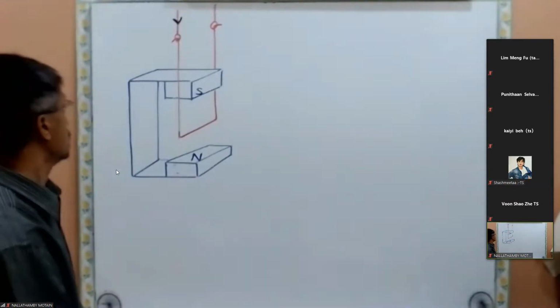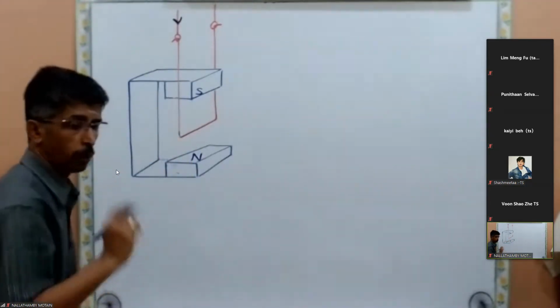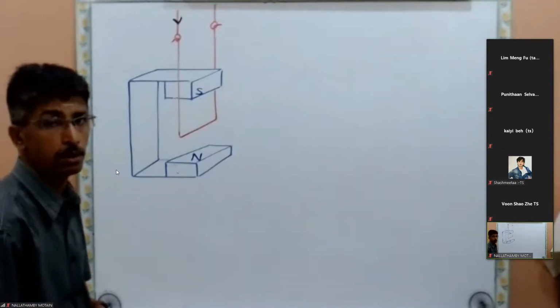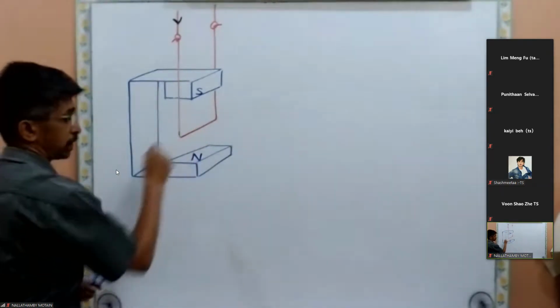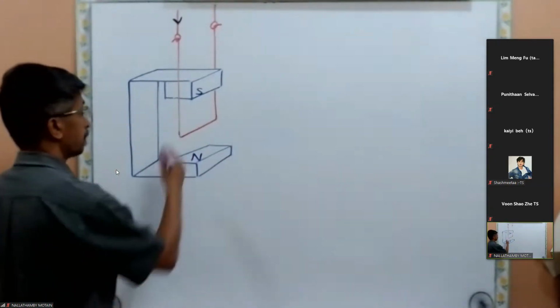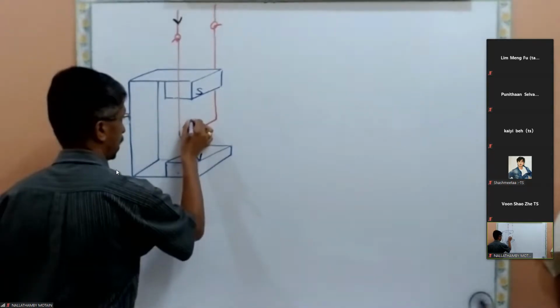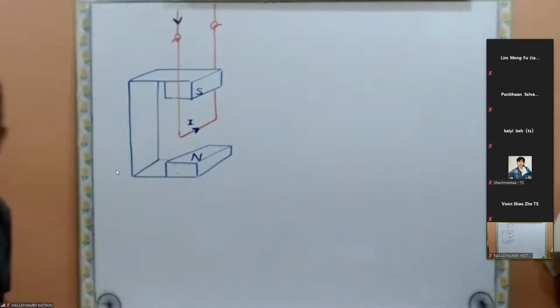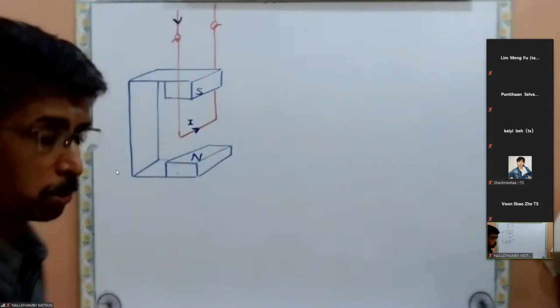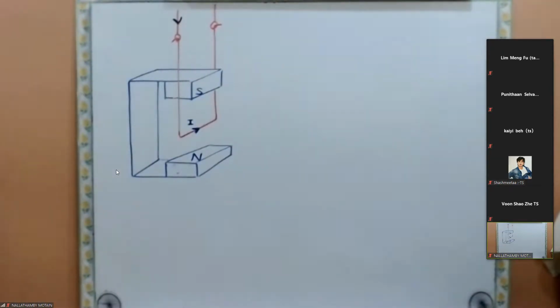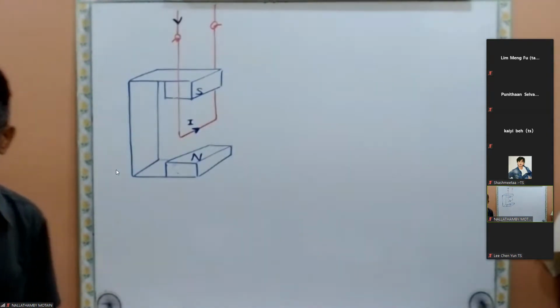First of all, we need to check the direction of the current flow in this conductor. Current is flowing from here inward. This is the direction of current, so first we write I, current. Okay, this is the direction of the current.